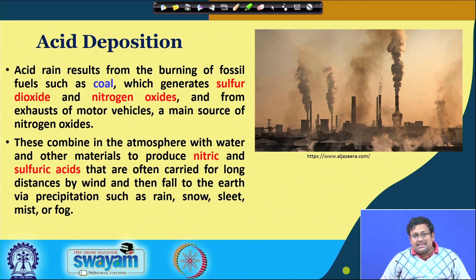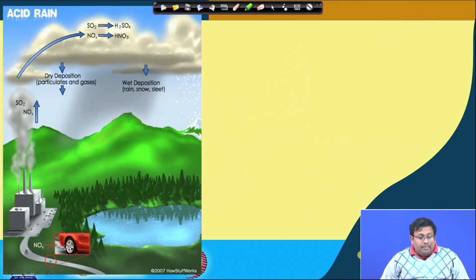As you can see in this slide, these are different types of coal and different industries which are producing a huge amount of smoke due to the burning of fossil fuels, which is basically creating the acid rain. This slide also shows how these different components of acid rain arise.